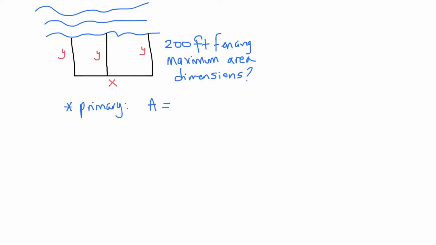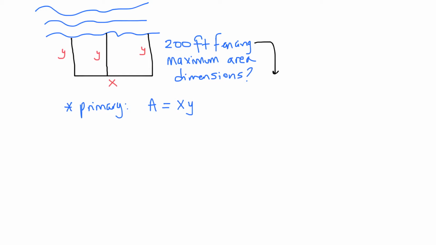When you look at the area, x times y, you don't have to worry about the fact that there's two sections. Just think of it as one big rectangle. So my area is x times y, but then I have two variables and I would like to just have one variable, and so that's where I need a secondary equation, and it comes from the fact that we have 200 feet of fencing.